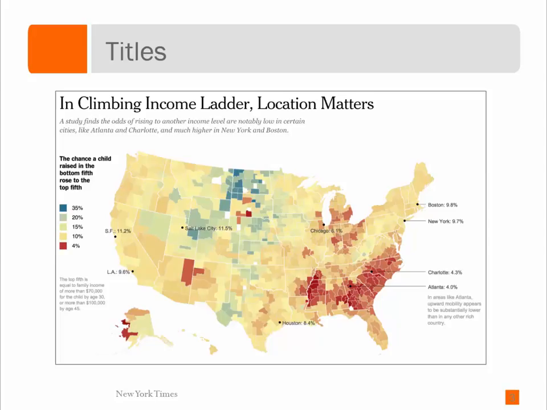You know, New York is the center of the universe, and of course, everything great is in New York. But maybe not so much. And so perhaps a more objective subtitle might have ended something like, and much higher in Salt Lake City, or much higher in the Dakotas. Something like that. That might have been a more objective and accurate representation.